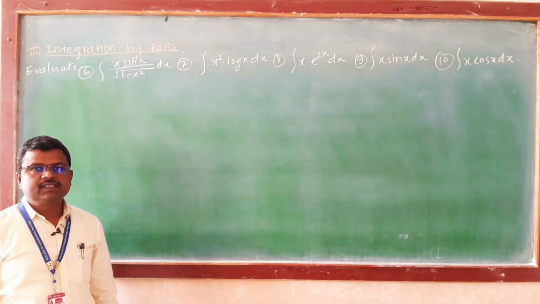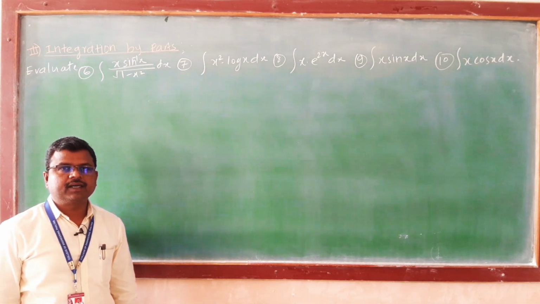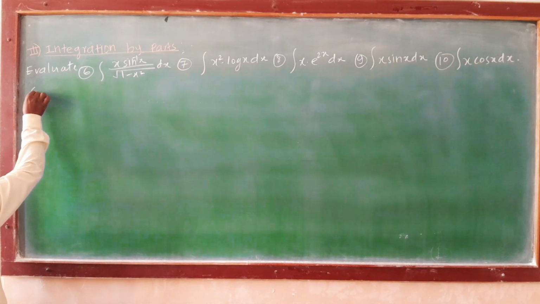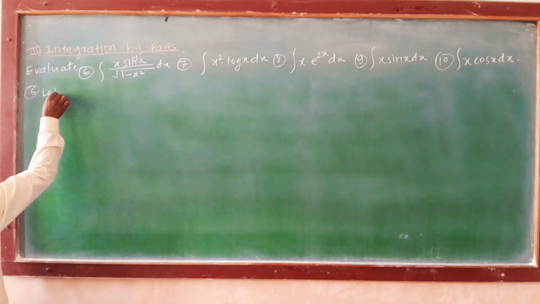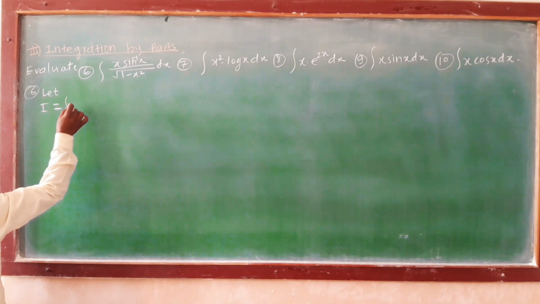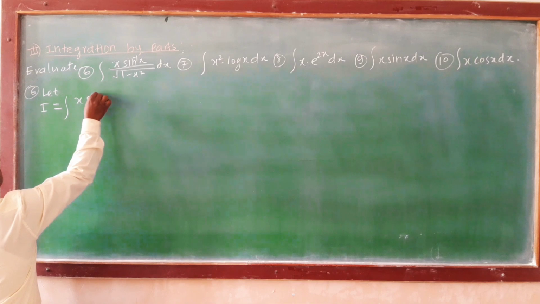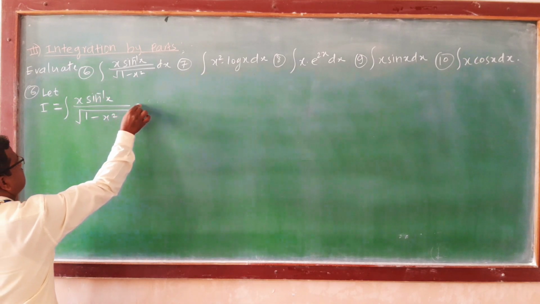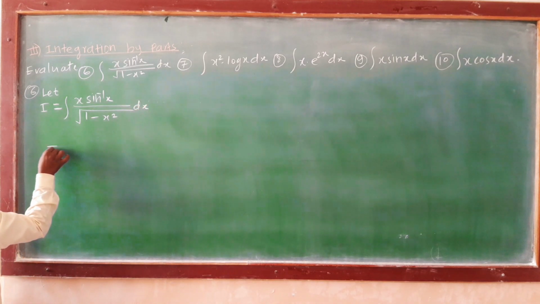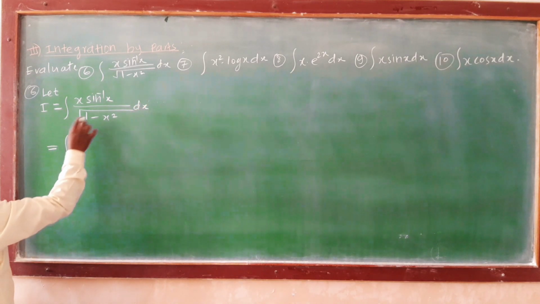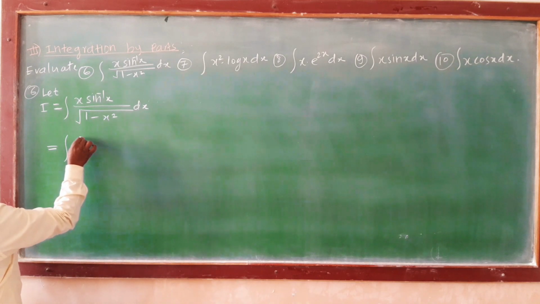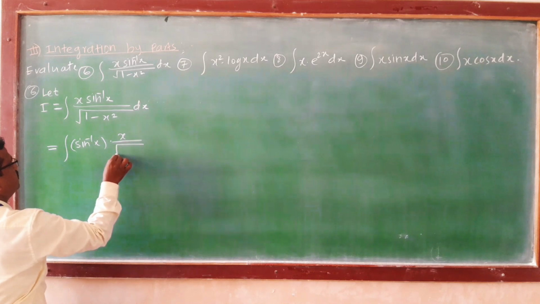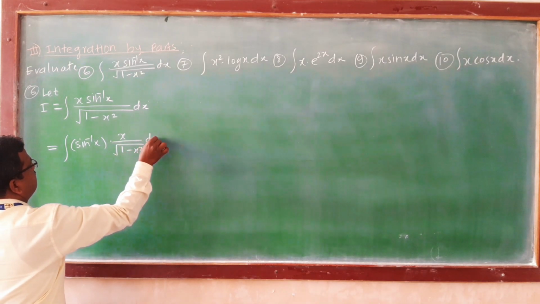Now see next example of integration by parts, example number 6. Let I is equal to integration of x into sin inverse x upon root of 1 minus x square dx, which is equal to, we write this as sin inverse x, write this separately, and x upon root 1 minus x square dx.